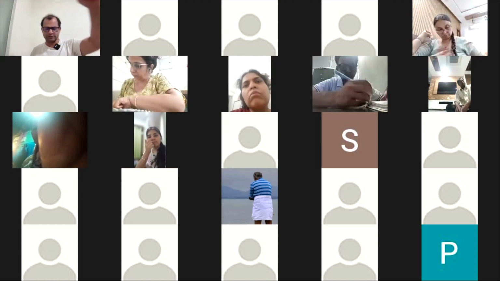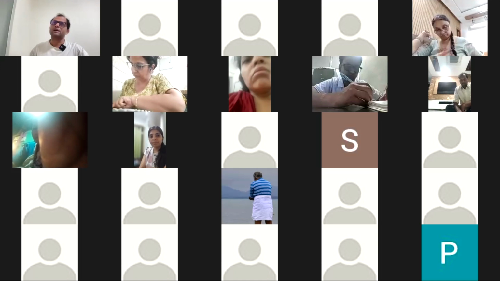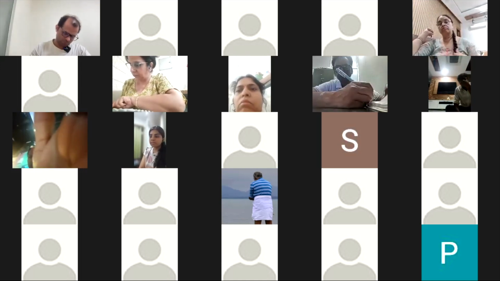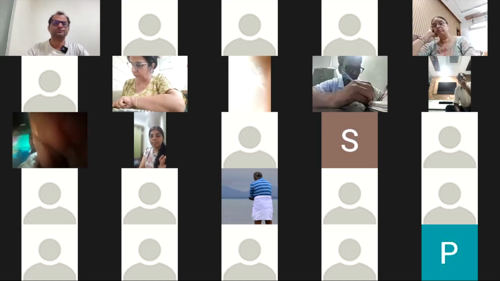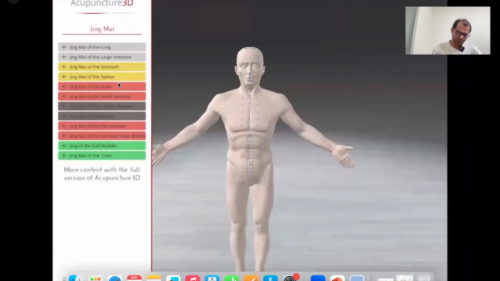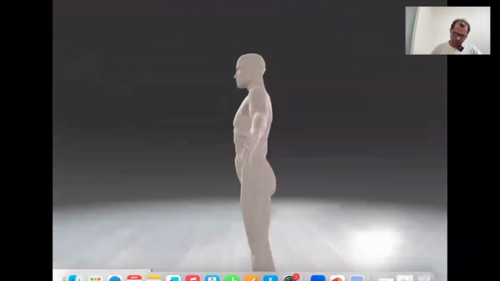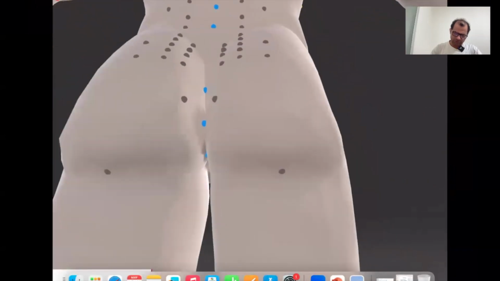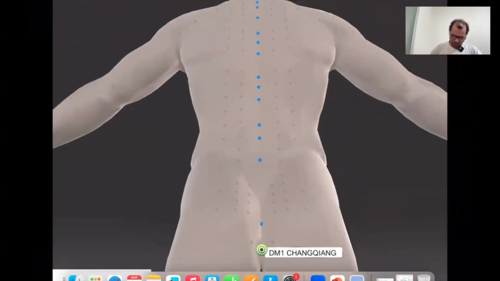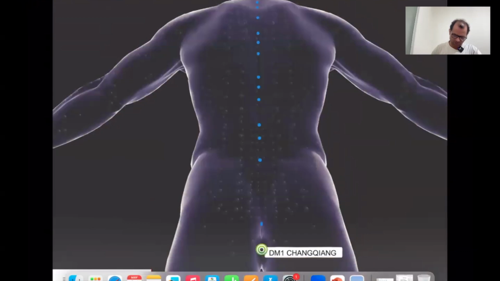Then DU meridian crossing the entire spine. Coming here, that is DU26. Look at this image. So the DU meridian will start from here. There is the DU1. It's crossing entire spine. हमारी पूरी की पूरी spine को cross करता है.